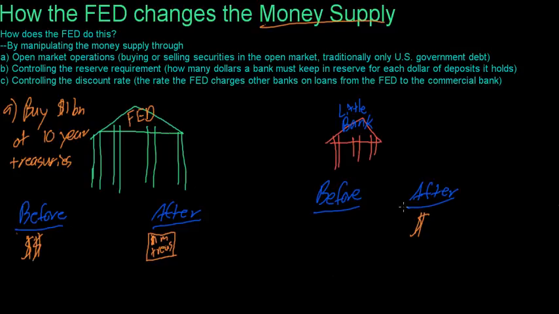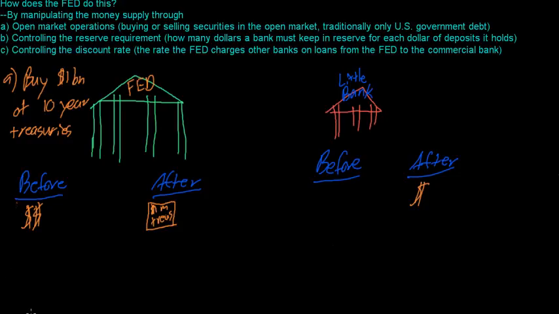So let's go down a little bit, and for A, we had buy treasuries. I keep on misspelling treasuries. Buy treasuries leads to an increase in the money supply, and I'm just going to write MS. And how did it do this? Well, before, the Fed was holding all these dollars over here.